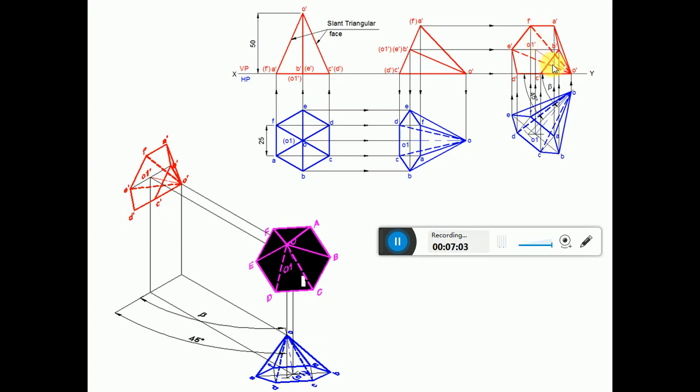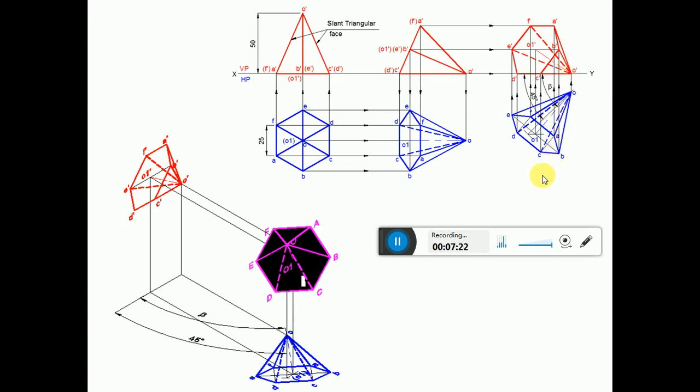All the exterior edges of the boundaries of the solids are visible. So that means O dash to D dash, D dash to E dash, E dash to F dash, F dash to A dash and A dash to O dash. All the exterior edges of the boundaries of the solids are visible.